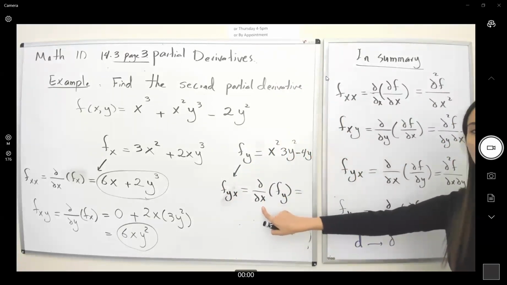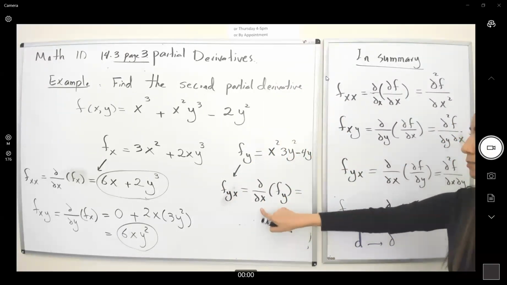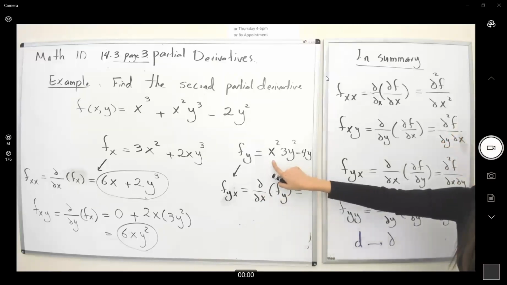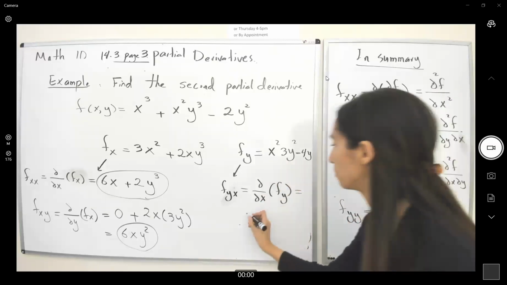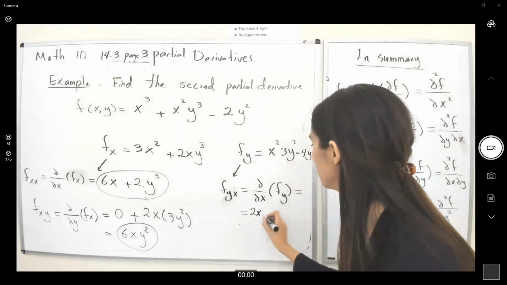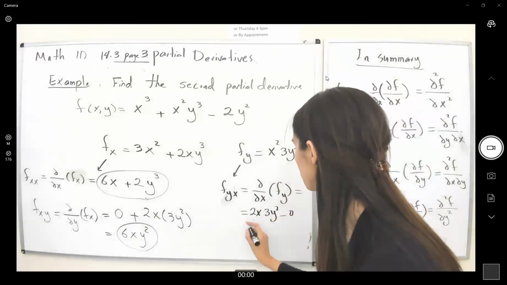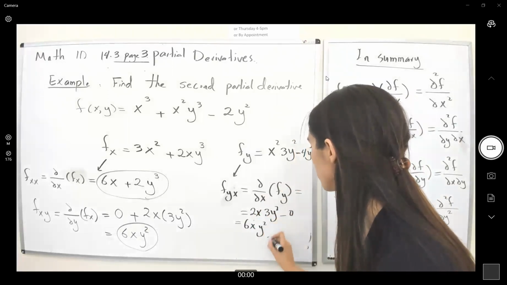It means that your y is just a constant. So in this case, you're taking the partial derivative with respect to x, which is 2x 3y squared, and this guy is 0. Which is equal to 6x y squared.